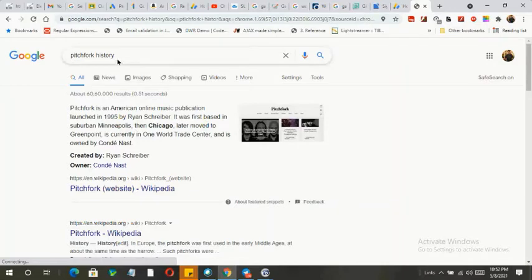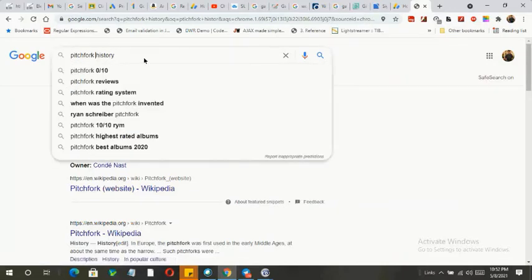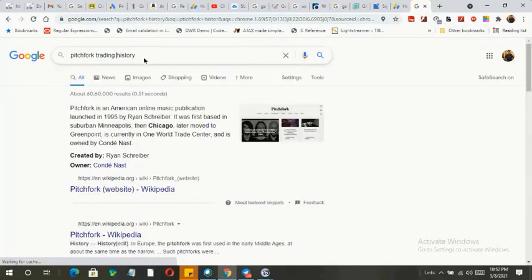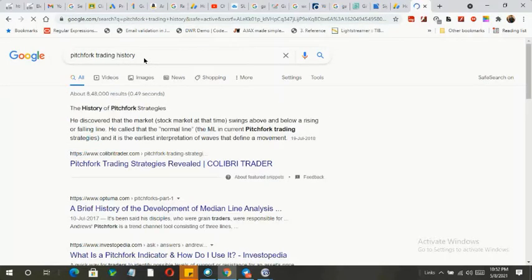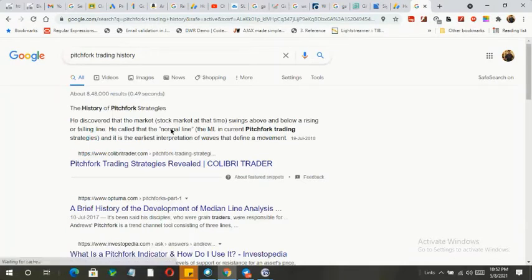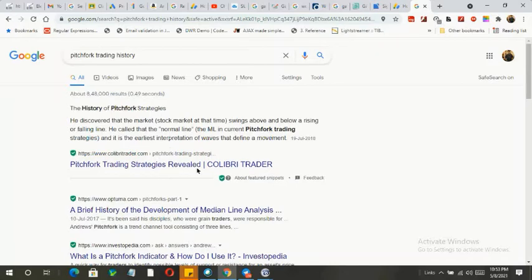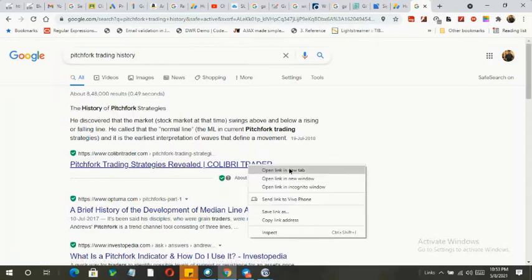No, we have to write pitchfork trading history. Yeah, so he discovered the stock market at that time, and swing above and below the rising and the falling line. He called that the normal line, ML in the current. So it is written there, Colibri trader. So they are known as Colibri traders.